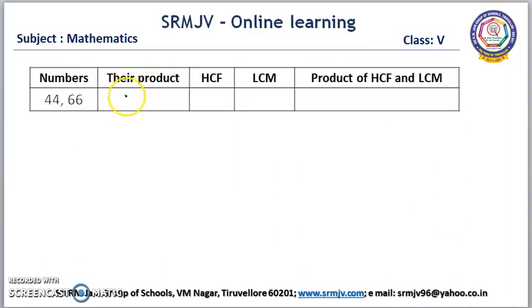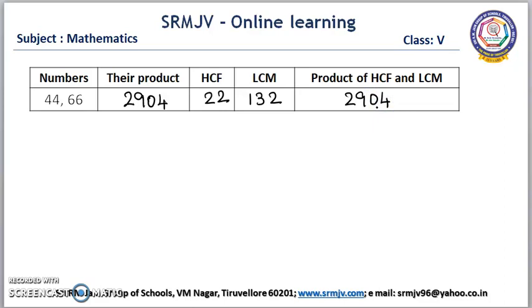Here the product of two numbers is 2904. HCF is 22. LCM is 132. The product of HCF and LCM is 2904.